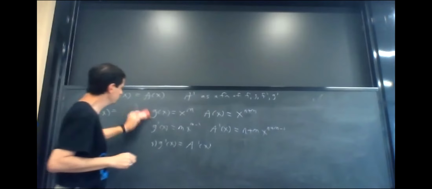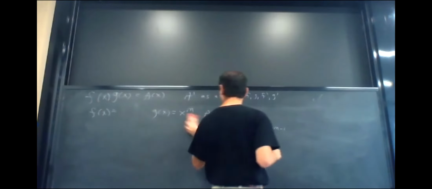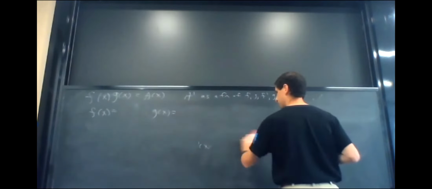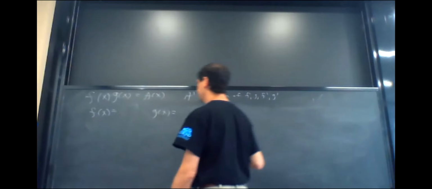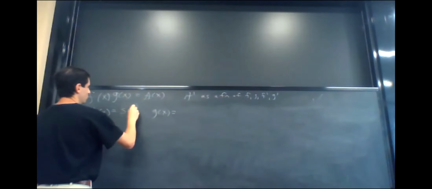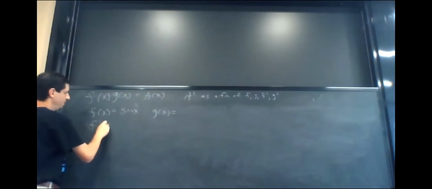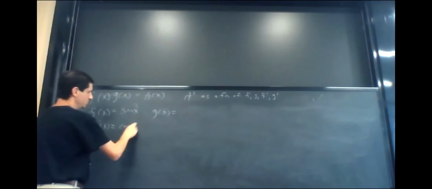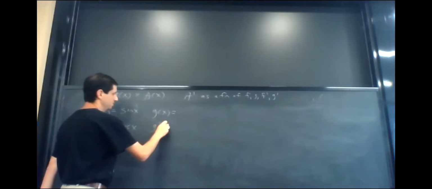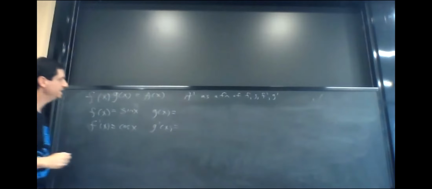So let's assume we know the derivative of sine of x. So for sine of x, f prime of x is cosine of x.